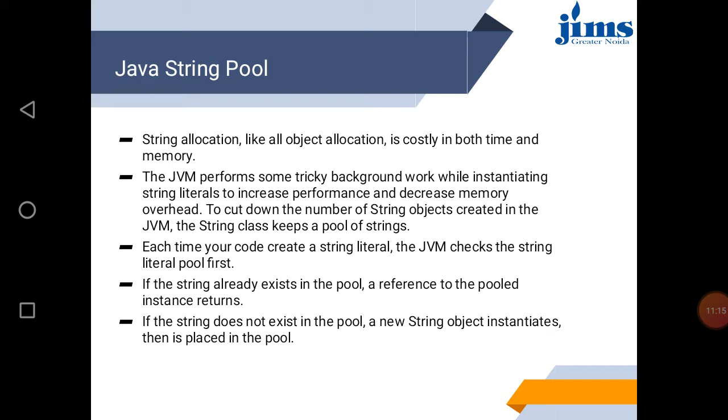It will not create any new object, so it saves your time. And if there is no object of the current type, then it will create a new object in the pool and a reference will be allotted.